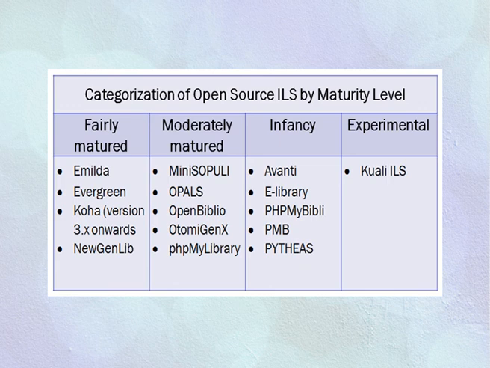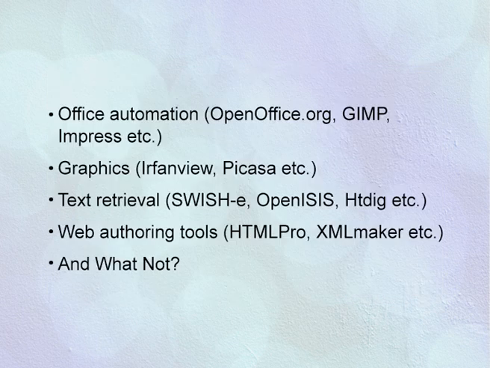Now if you want to go for office automation, in place of MS Office we have OpenOffice, in place of Photoshop we have GIMP, in place of PowerPoint slide presenter we have Impress.